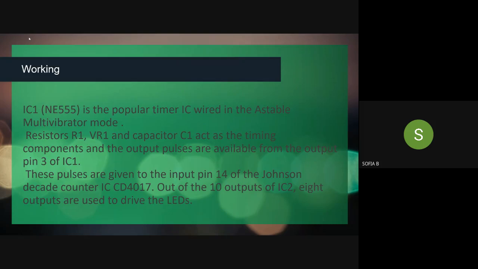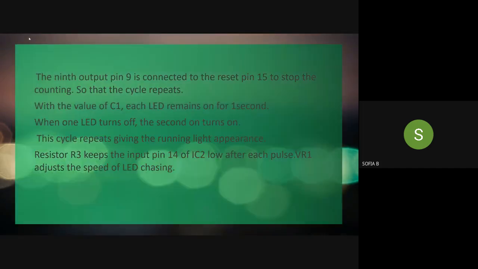These pulses are given to the input pin 14 of the Johnson Decade Counter IC CD4017. Out of the 10 outputs of IC2, 8 outputs are used to drive the LEDs. The ninth output pin is connected to the reset pin 15 to stop the counting, so that the cycle repeats.